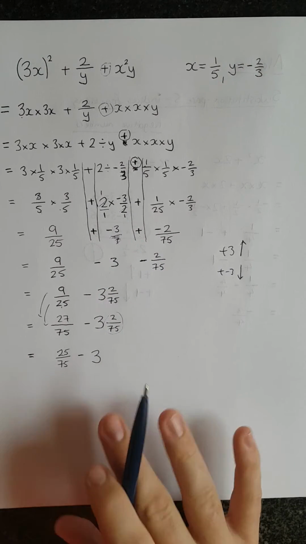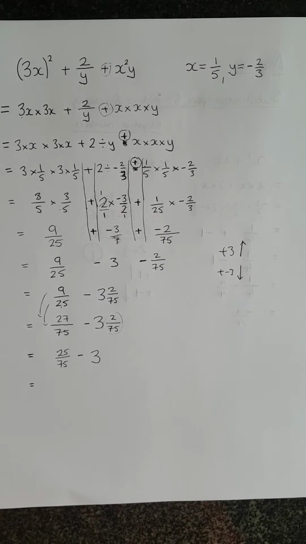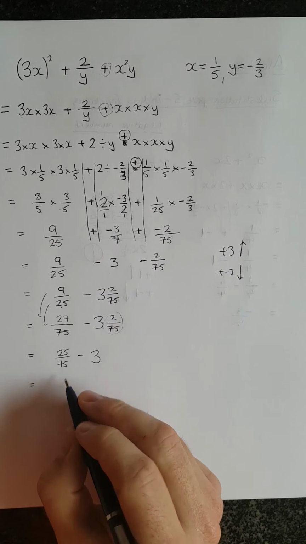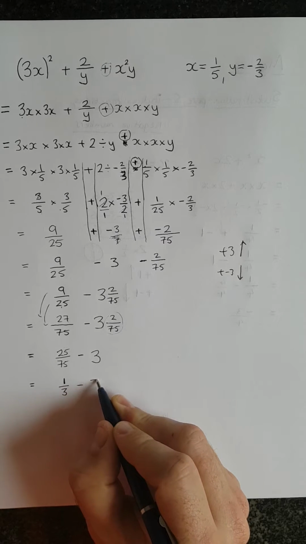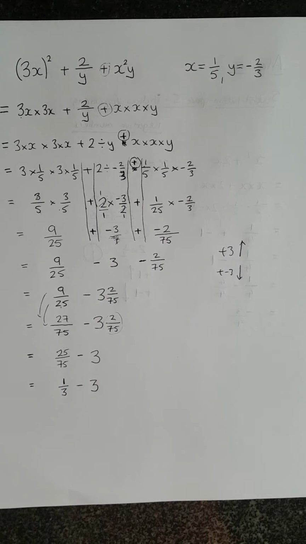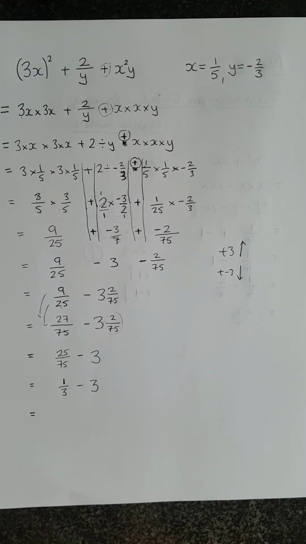Do you notice anything that's worked out here that could make this a bit easier? That simplifies to 1/3. That's going to help us a lot. So, I've got 1/3 and I want to take away 3.